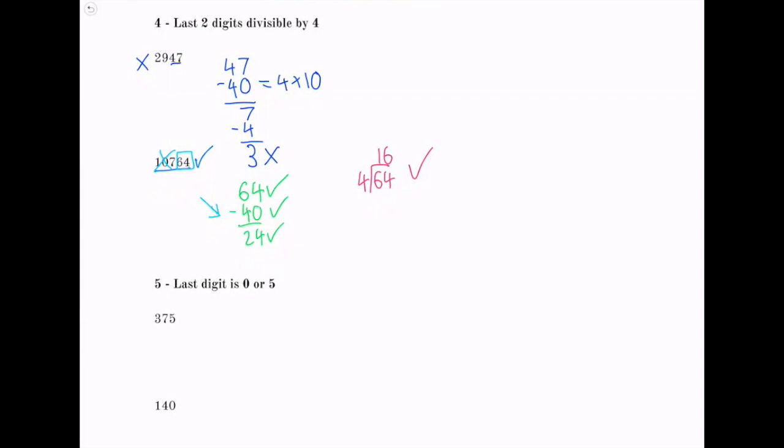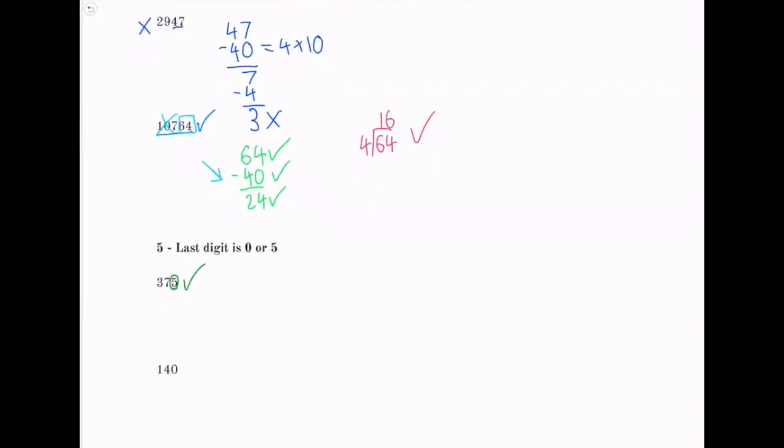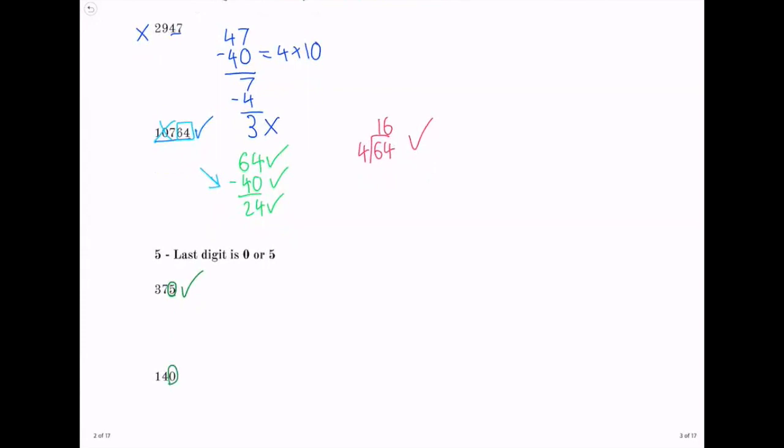Okay, so now for 5. For 5, what you do is you look at the last digit. So again, 375, is it divisible by 5? Well, the last digit is 5, so it is divisible by 5. 140, the last digit is 0, so it is divisible by 5. Again, these other digits don't matter.